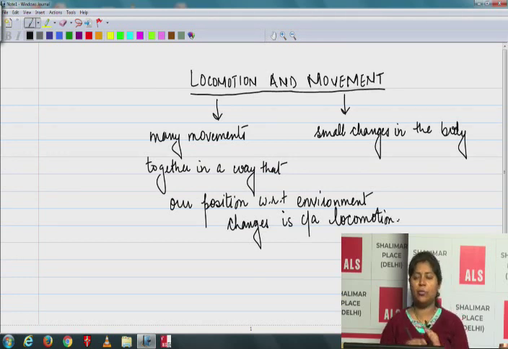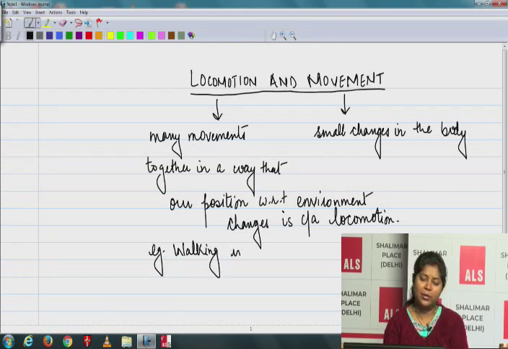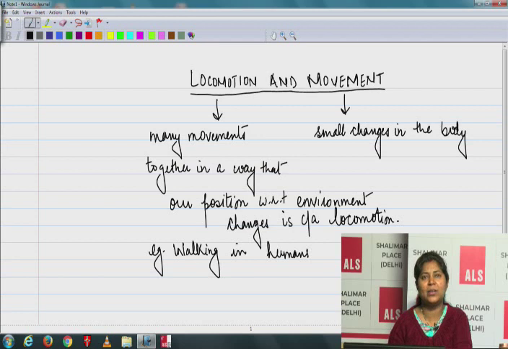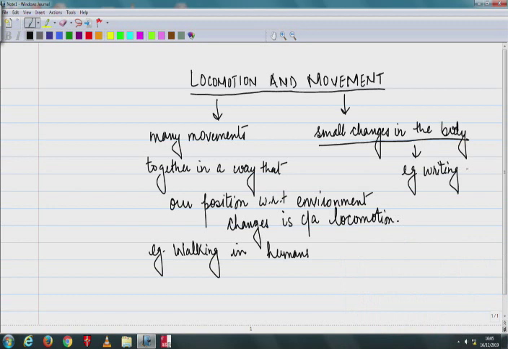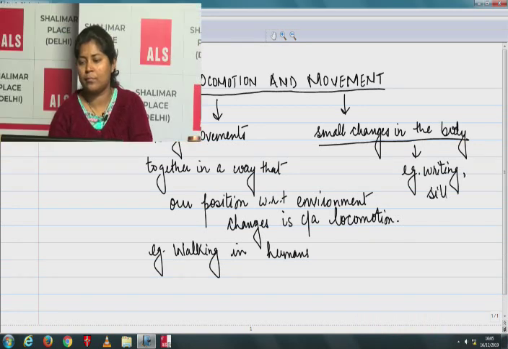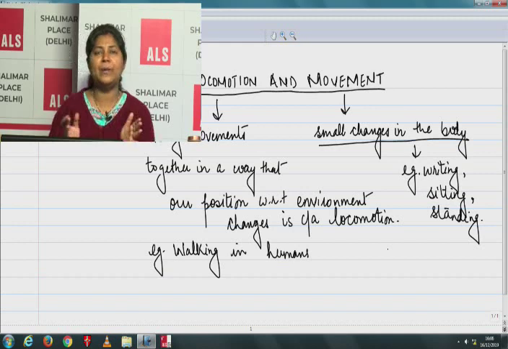So when you are moving your body, when you are walking, the best example would be walking in humans. We can talk about more locomotory organs as such in the animal kingdom, when we talk about the different types of animals. Small movements comprising together to make a whole lot of big movement, that is change in position with respect to environment, we call locomotion.